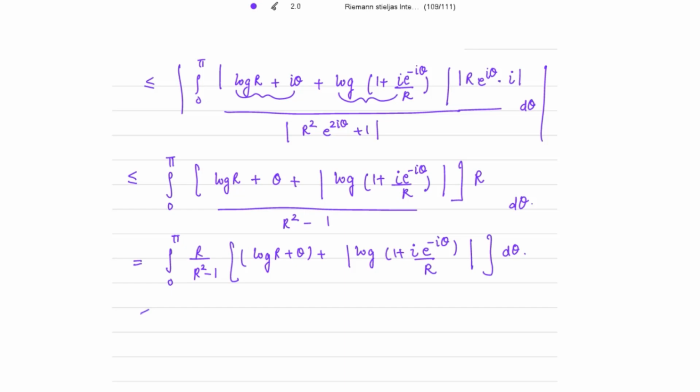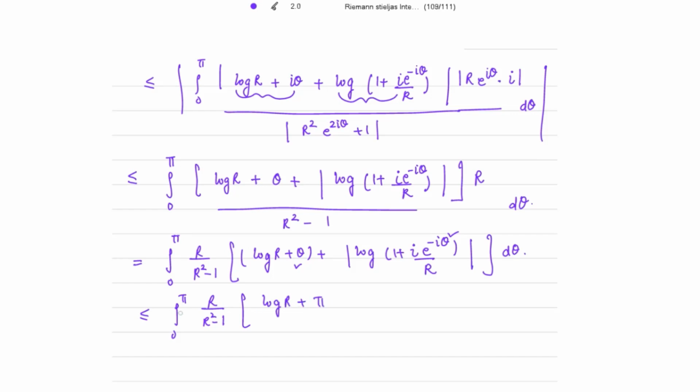Now this is less than or equal to, now I'm using the maximum value of theta over here and over here. Here theta is an increasing function, so the maximum value for this theta is pi, right? So this is 0 to pi r over r square minus 1, log of r plus pi.